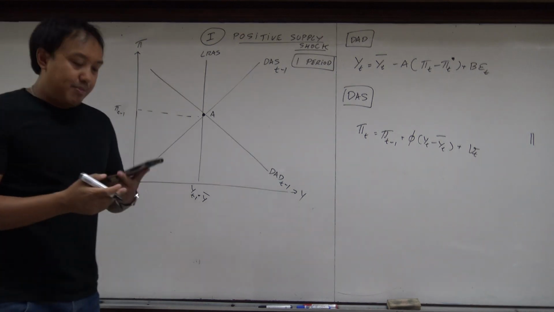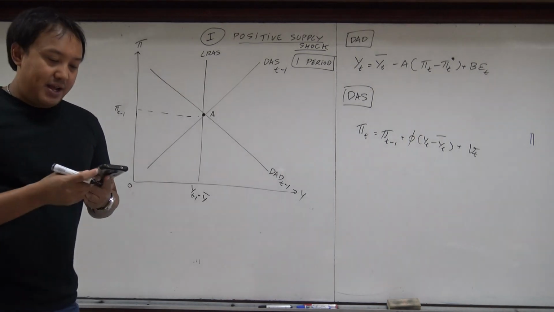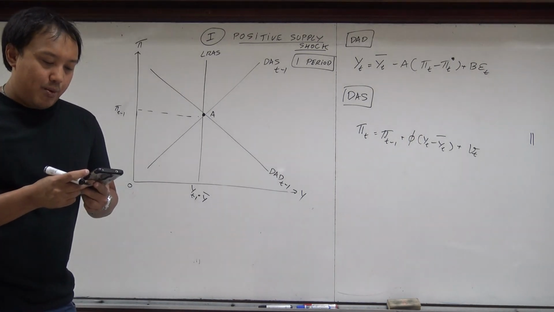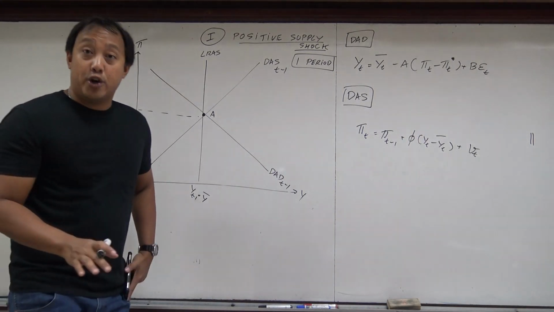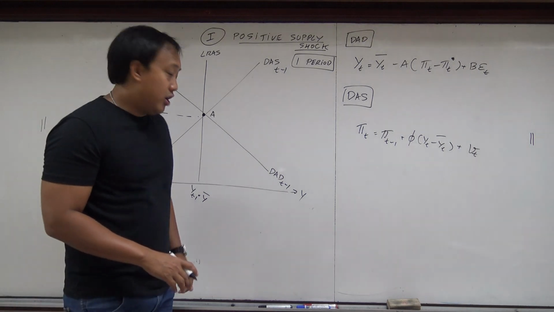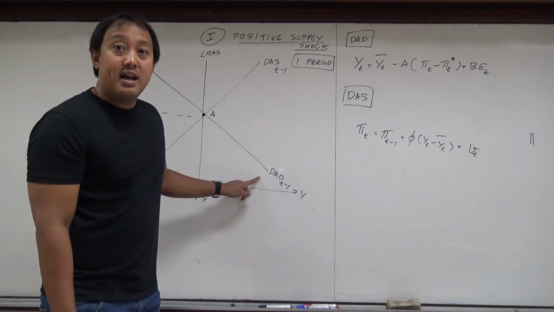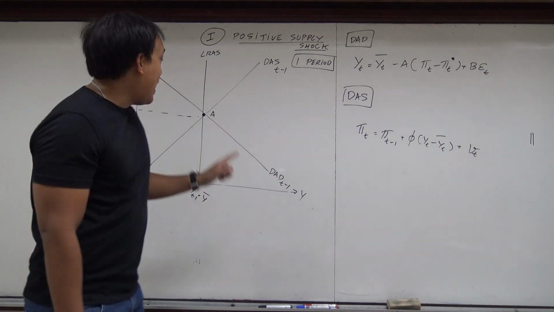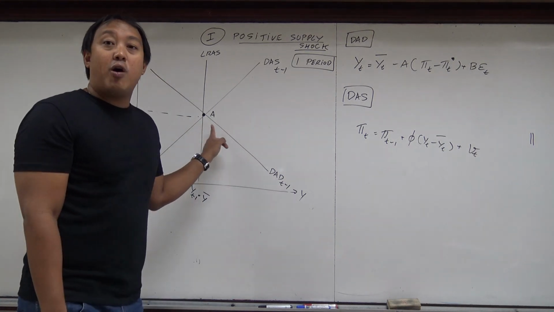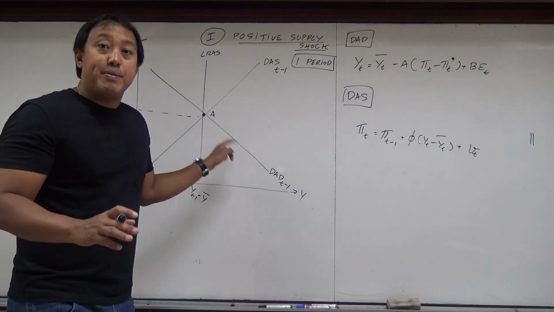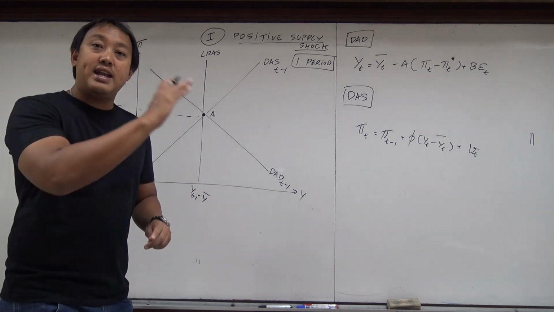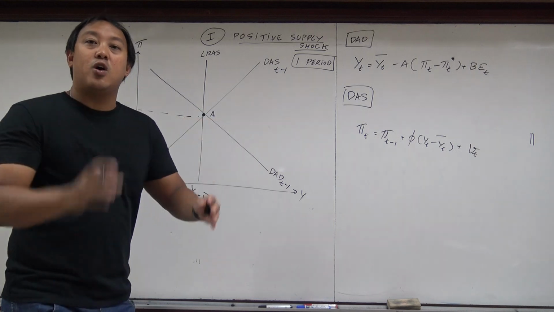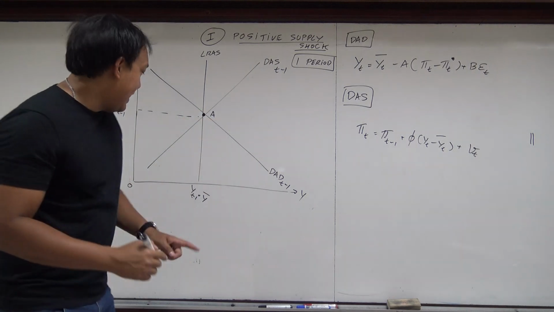So what this means is yesterday everything is really good. Yesterday you have DAD here, yesterday you have DAS here, and yesterday you have the equilibrium point at point A. Equilibrium point A is really good because it's the point where DAD intersects with DAS, and also the point that intersects with the long-run aggregate supply.